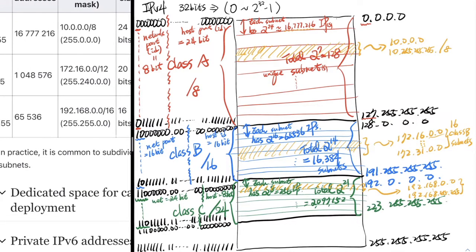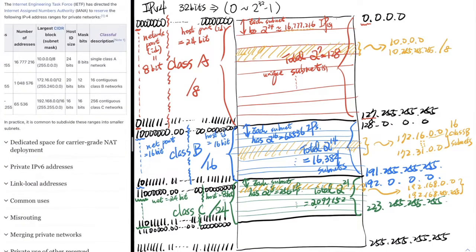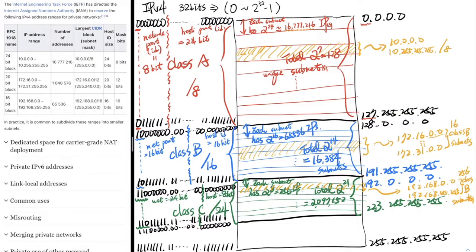As you can see, we have 256 Class B subnets. Those subnets have been preserved for private use. So no IP address in these 3 different blocks can be used on the internet.